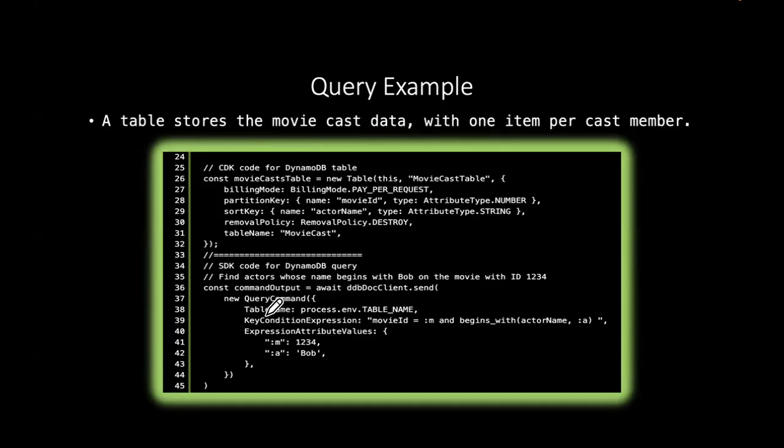And here is an indication that we're not only querying on the basis of the partition key, but also on the basis of the sort key, which is actor name in our case. You can work out from the syntax that the sort key is a string, so we have the option of begins_with as a querying condition.